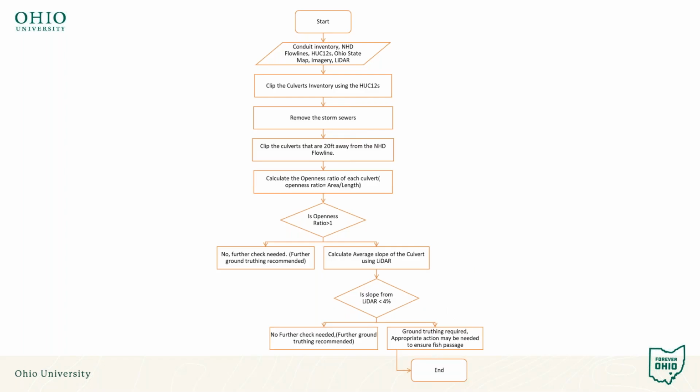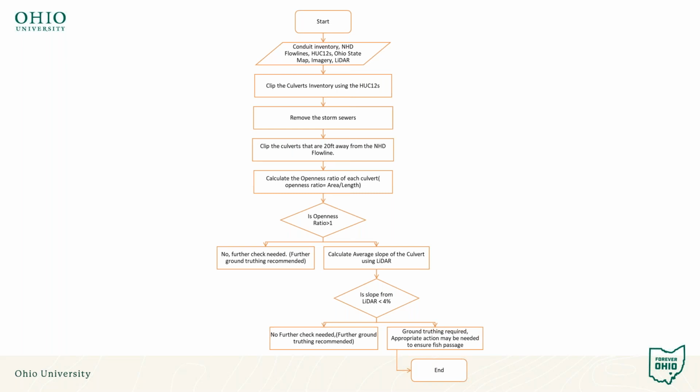So I'm just going back to this flow chart to remind us of the flow. We start out with that data, clip it to those high quality HUC 12s, remove storm sewers, and clip to culverts that are within 20 feet of an NHD flow line to try to down select to those culverts that are on intermittent and perennial waterways and not ephemeral waterways.